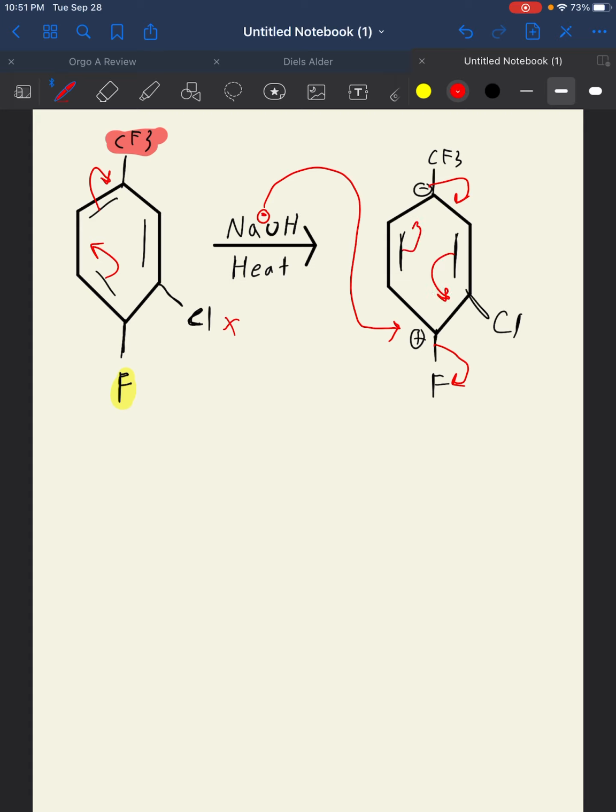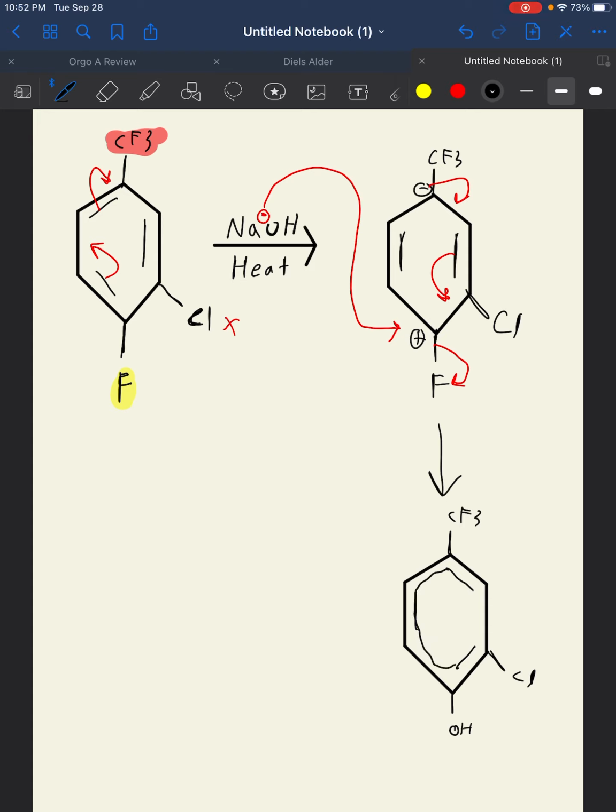This would go there. Oh no, that would not go there, my bad. Ignore that last step. And then you would get your final product, which looks like this. And that is all you have to do for an SNAr reaction. Not hard at all. You could also draw it with a circle in here, which would be efficient too, just to indicate that that's a benzene ring. That's how I like to draw them, so I don't have to draw all those lines.